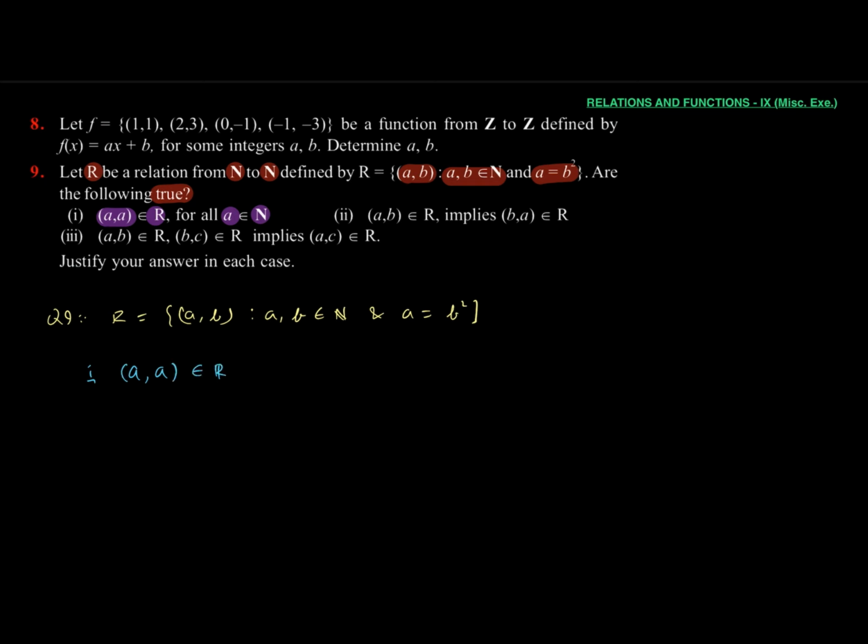Now in part number first, we have a comma a belongs to R for all a belonging to natural numbers. So this one is false, because a is equal to a squared is true only for a is equal to 1, not for other natural numbers.